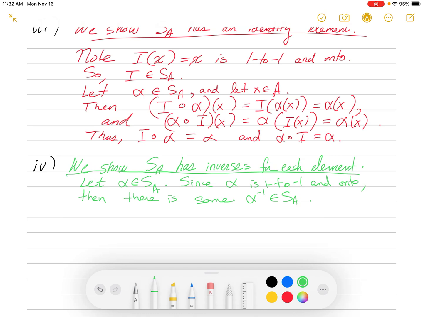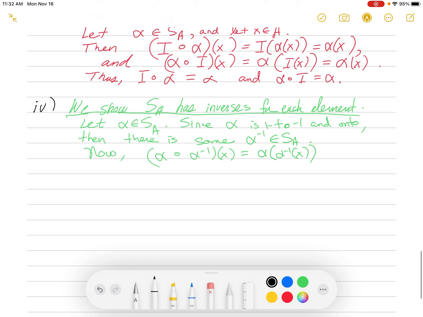Now let's compose alpha with alpha inverse, and plug in x from A. This is going to give us alpha of alpha inverse of x. And it turns out that they undo each other. So let me just draw a little diagram here.